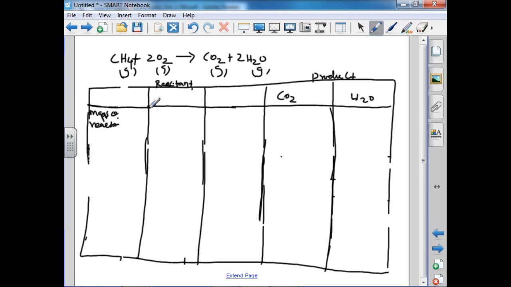Next one is mass-volume relationship. Mass of the reactant equal to mole multiple with molar mass of reactant, or volume of product.